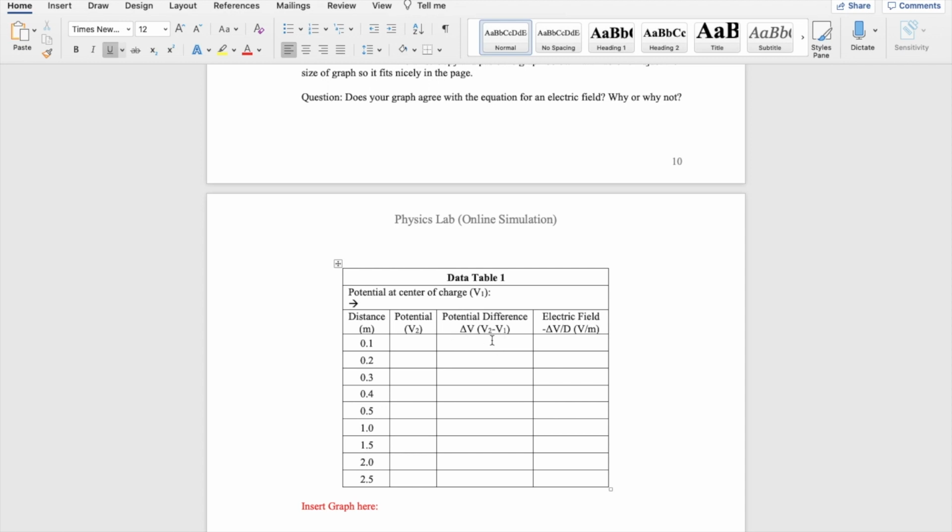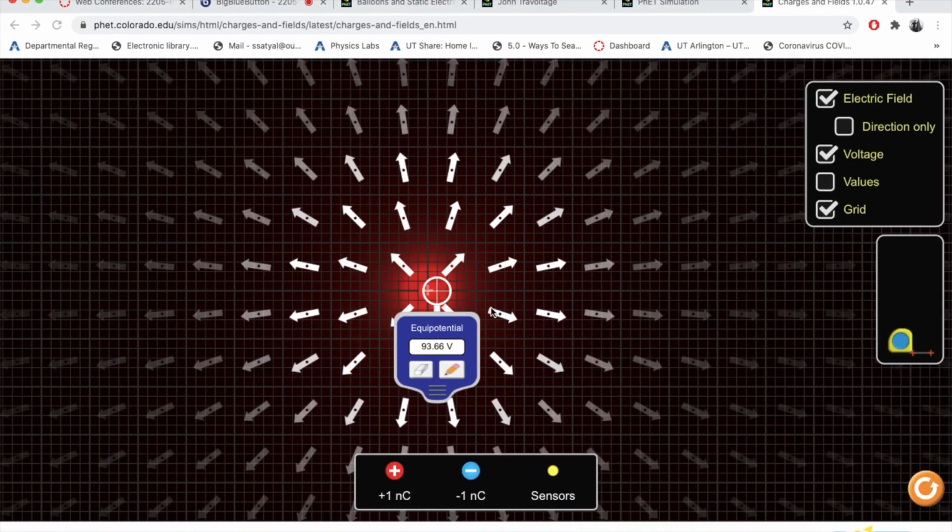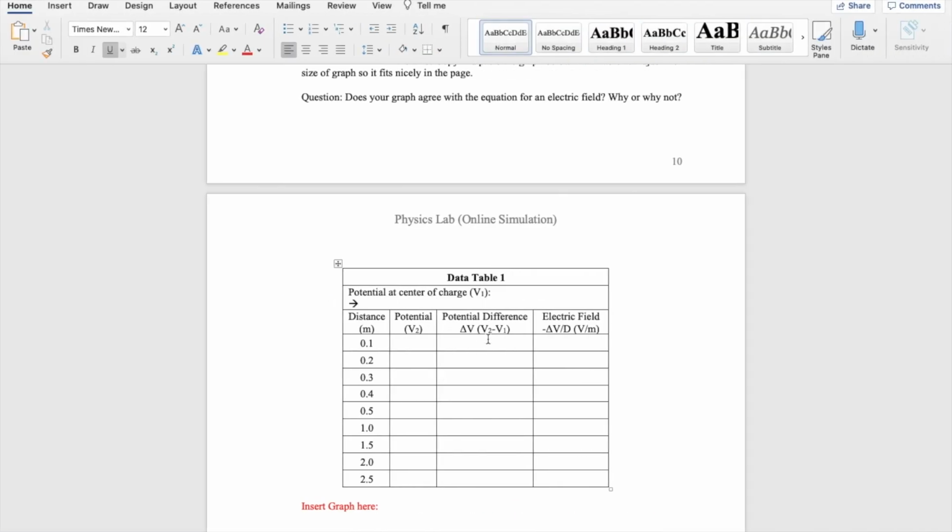Here we are measuring between the farther distance, which has a smaller potential, and the center, which has the higher potential. So you'll get a negative, which is okay. That gives you delta V, and by definition the potential is electric field times the distance, so we can solve for the electric field, which is delta V from here divided by d.